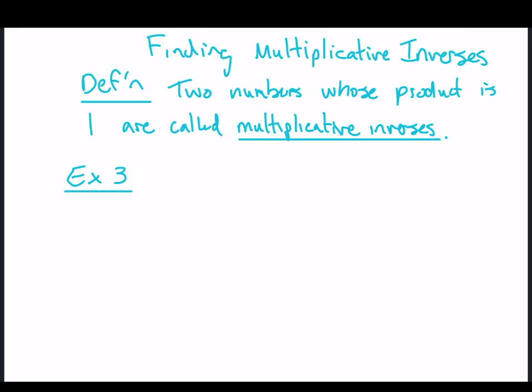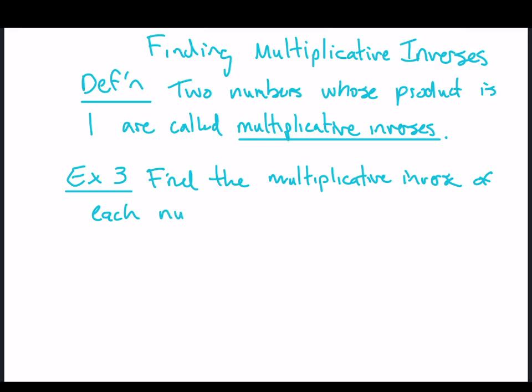Example 3. We want to find the multiplicative inverse of each number. Part A, we have the number 7.